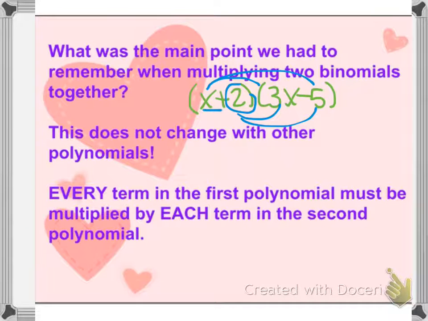That's still the goal today. You're just going to have an extra term, so there might be like a minus y here, and then they'd have to distribute to the y both times. So it just adds a couple of extra multiplication steps, but the general goal is the same.